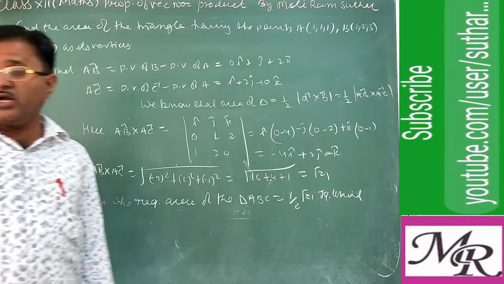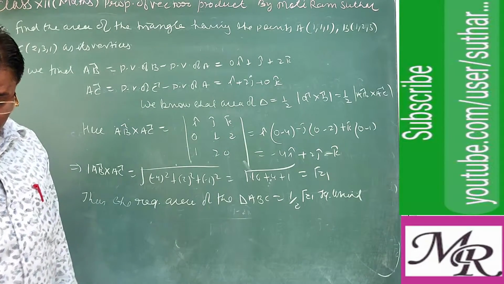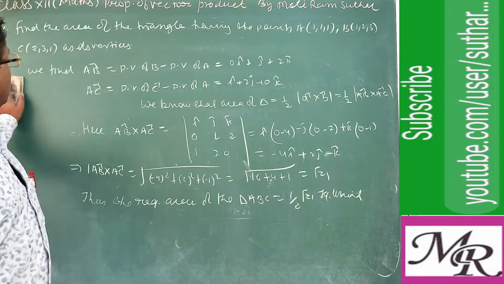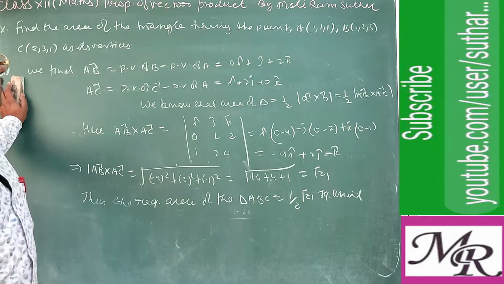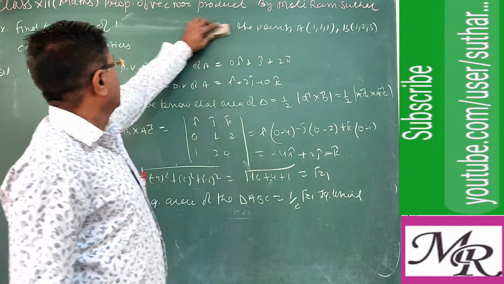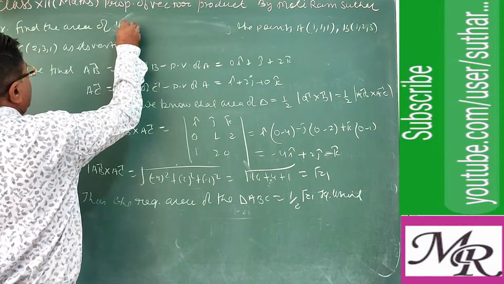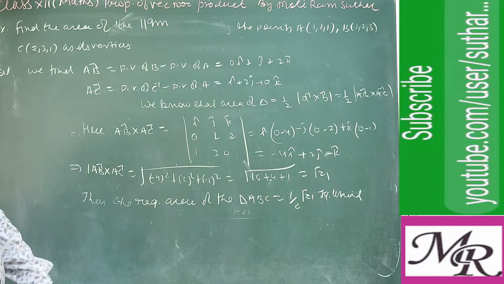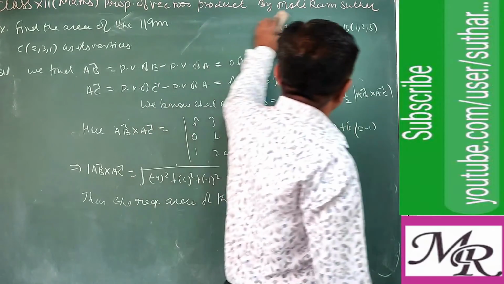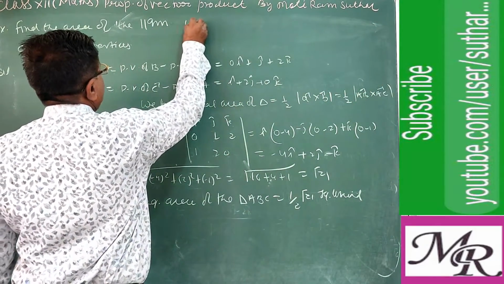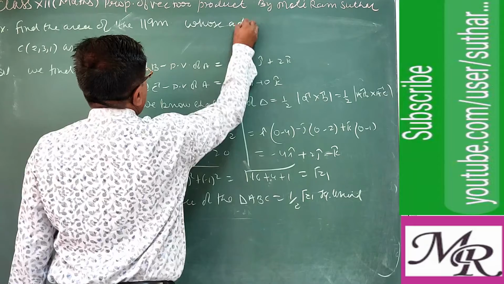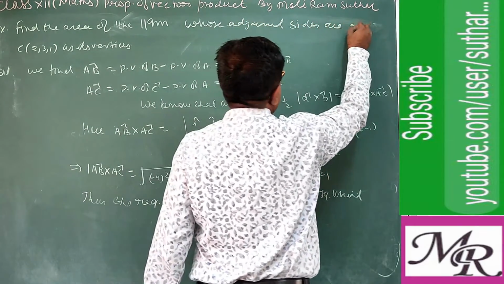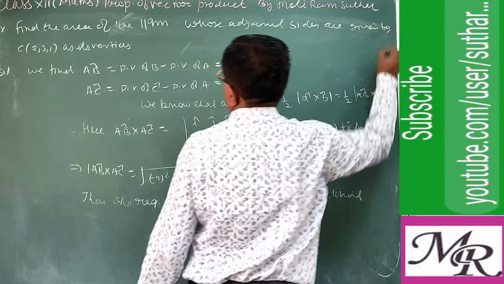In this way one can find the area of the triangle if we are given the vertices. Similarly we want to find the area of a parallelogram whose adjacent sides are given by vectors.